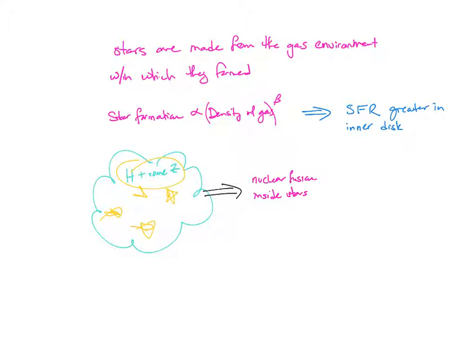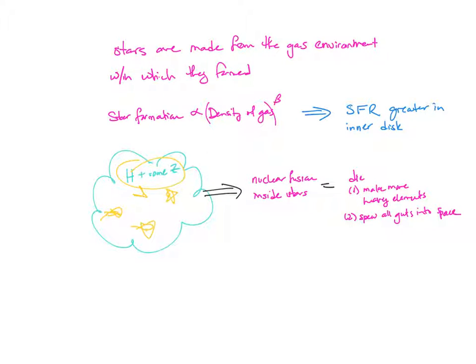But then they die. Oops, I want to make it pink. I'm being a little anal here, but whatever. Then they die. And when they die, first thing they do is they make more heavy elements. And the next thing that they do is they spew all their guts into space.